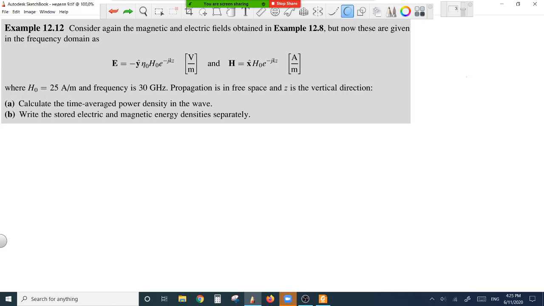Calculate the time averaged power density in this wave. Write the stored electric and magnetic energy densities separately.